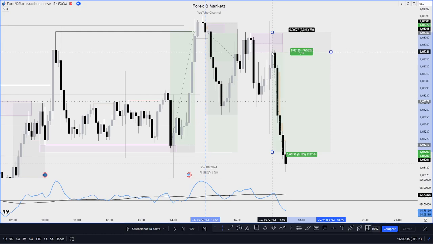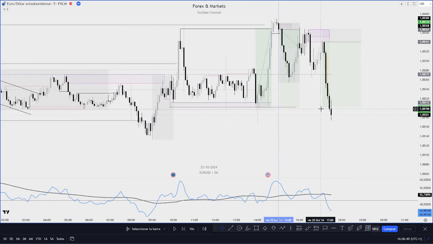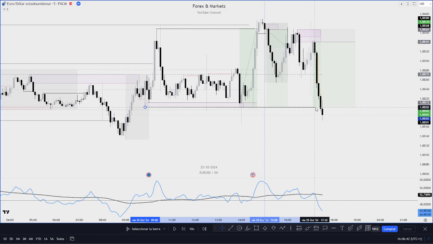Okay, so this would be my recommendation, and these lows would be my first recommendation for the first target.